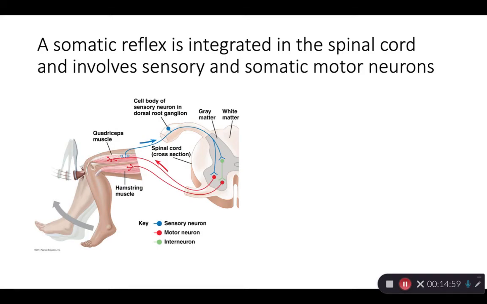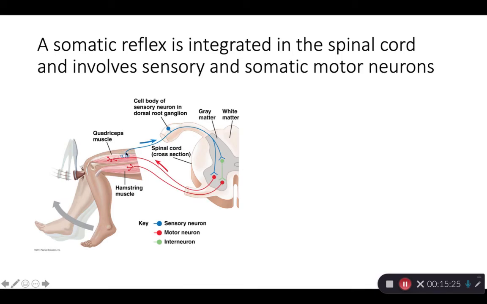Okay, so that brings us to talking a little bit more about somatic reflexes. These are the responses that involve tissues that normally are controlled voluntarily. So why, in the case of a somatic reflex, are these tissues suddenly controlled involuntarily? Well, the answer is that somatic reflexes are governed by sensory neurons bringing information into the body.